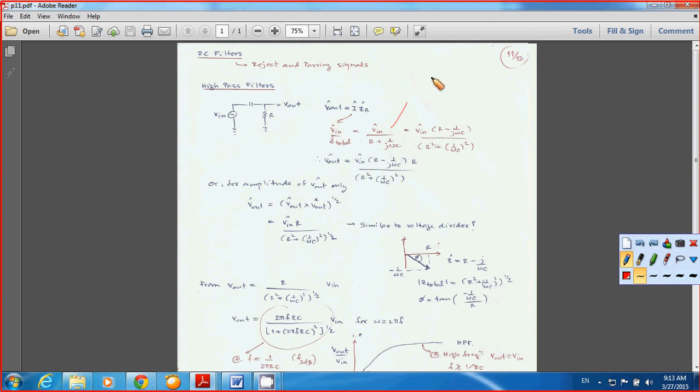You simply multiply by the complex conjugate of this, because you want the denominator to be the real part. So you multiply by minus 1 over J omega C, and then you divide, of course, also by minus 1 over J omega C.